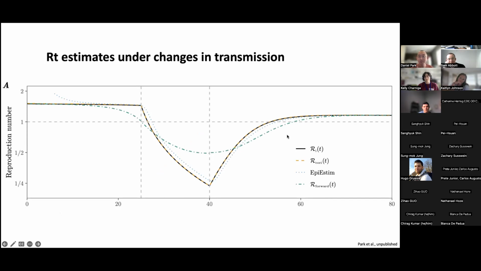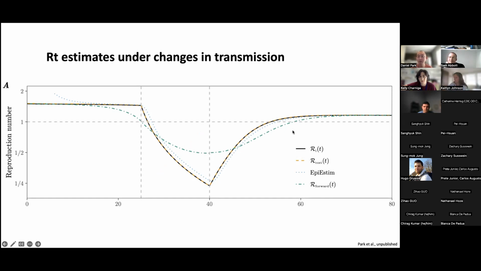Here, the black line is the instantaneous R_t that we want to calculate. If we calculate it using mathematical theory, the orange line is going to be R Corey and EpiEstim. R Corey is the continuous-over-time version of EpiEstim. These give the correct estimates of the instantaneous reproduction number, and trying to incorporate these changes in the forward generation interval distribution is going to give us some weird estimate.